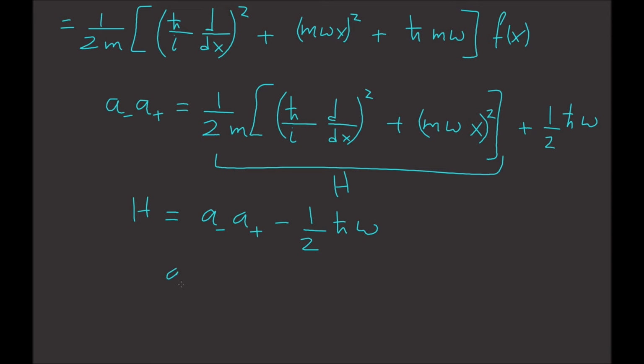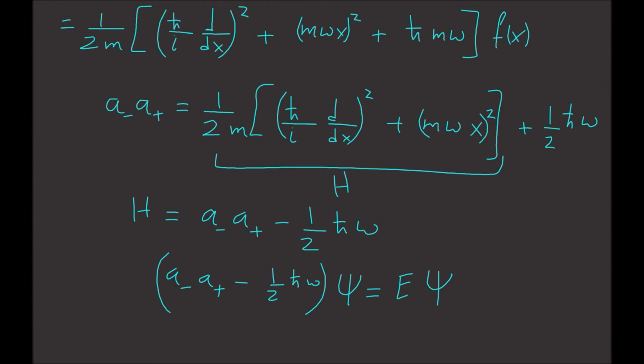So we have A minus, A plus, minus 1/2 h bar omega times psi equals E times psi. You can do the same thing. I would recommend you do it with these A minus, A plus flipped.